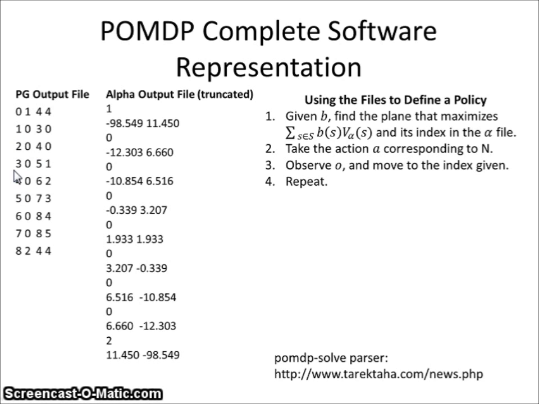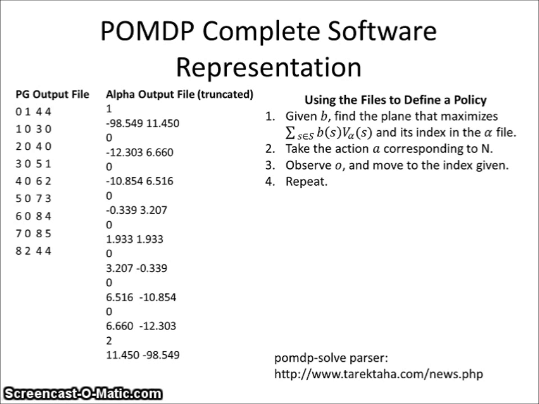The second column is just repeating the action corresponding to that plane. And then there's going to be an integer for each observation that you can see. Here the observations, remember, are either tiger left or tiger right.